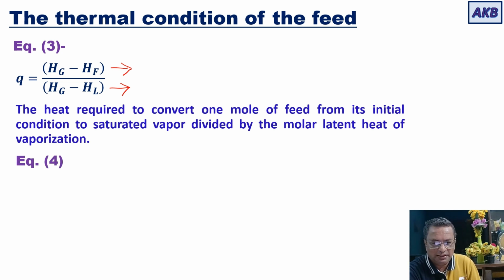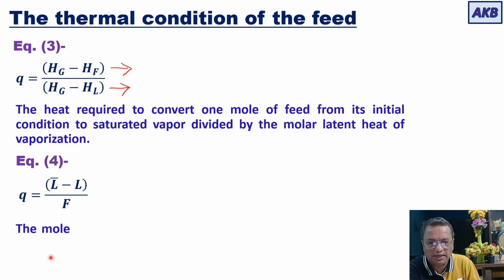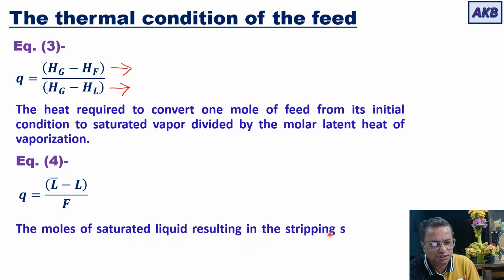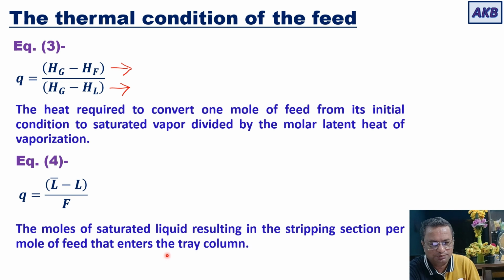Then, if you use equation number 4, Q is equal to L bar minus L divided by F. So as per this definition, you can define the parameter Q as the moles of saturated liquid resulting in the stripping section per mole of feed that enters the tray column.